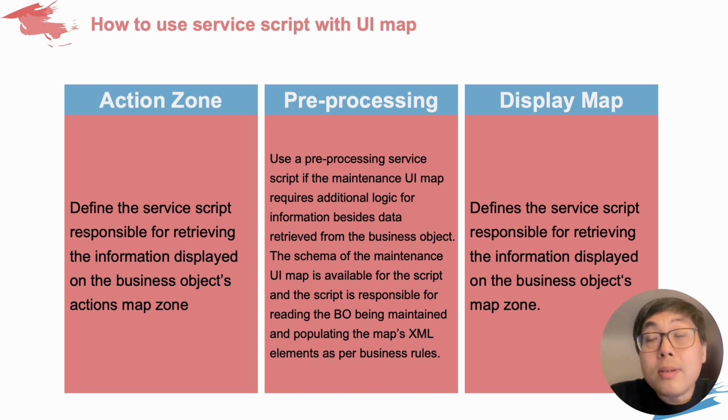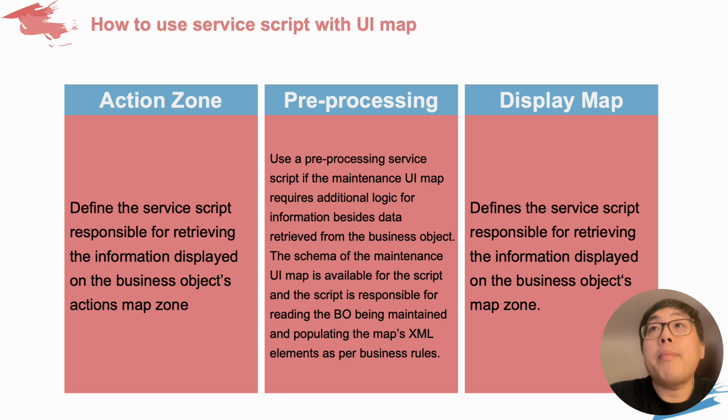Normally it is easier than implementing the logic in JavaScript, because in JavaScript you still have to call some service to get data. In service script, it is more flexible, and you can utilize business services, BO objects as data areas, to work out which data is required and how to load it.